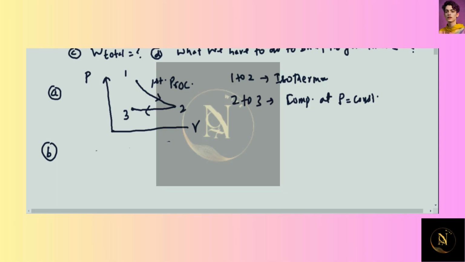So the first process is at constant temperature. For the first process, temperature is constant. So at the end of the first process, you can find the volume V2 is equal to V1 P1 upon P2 because temperature is constant.